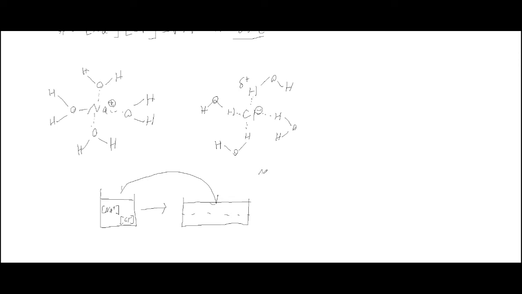So let's say this was 1 liter, and we had exactly 1 mole of sodium and 1 mole of chloride. So now after dumping it in there, we're going to have a mole per 2 liters. And so our concentration reduces. So that's called a dilution.